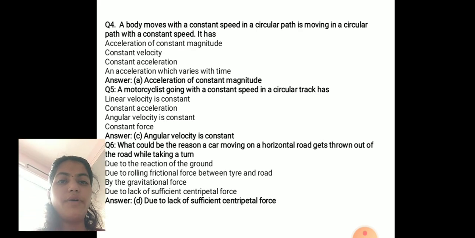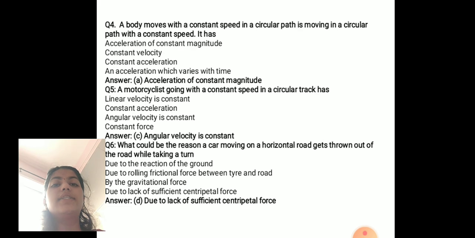The options are: due to the reaction of the ground, due to rolling friction force between tire and road, due to the gravitational force, and due to lack of sufficient centripetal force. Which force is absent or present? It's due to lack of sufficient centripetal force.